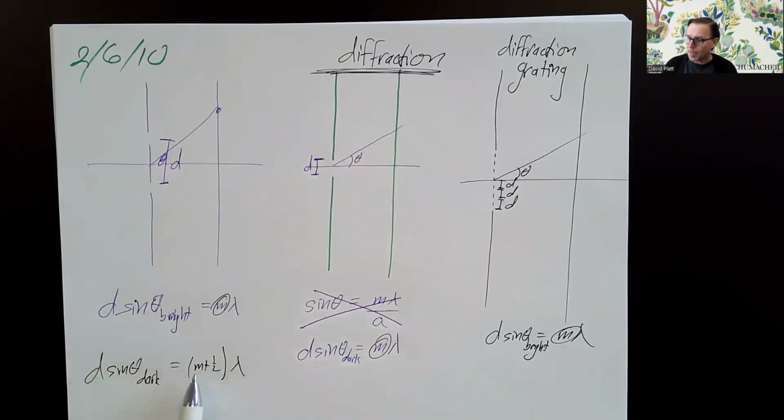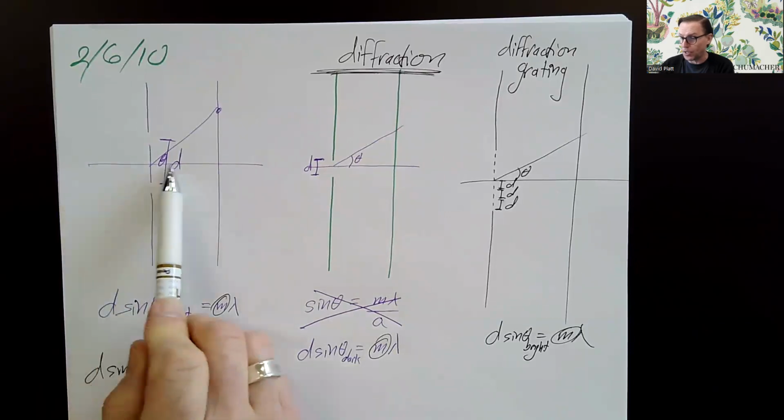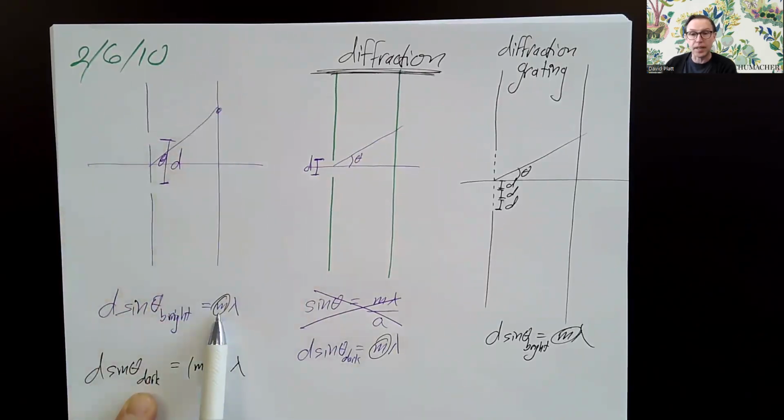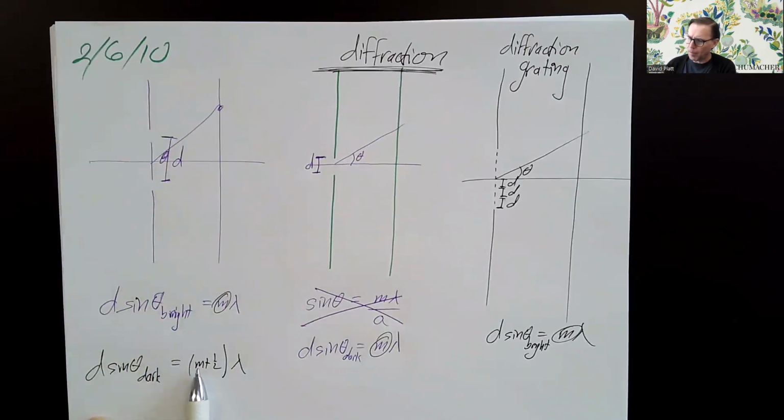So the first number I'm going to plug in for m to get darkness is going to be 0. I'm going to want a path difference of a half wavelength. Whereas the first, I could plug in 0, but that would be boring. It would just give me straight across. So for the first place up here, I would plug in m equals 1. Some people were wondering, for the first darkness, would I plug in 0 or 1? 0.